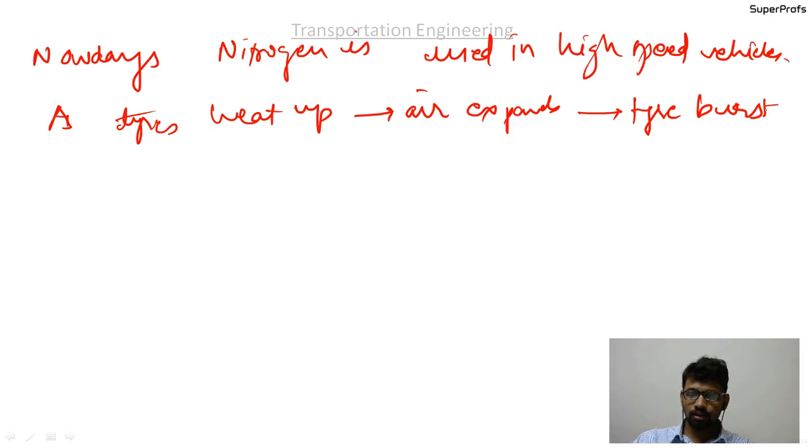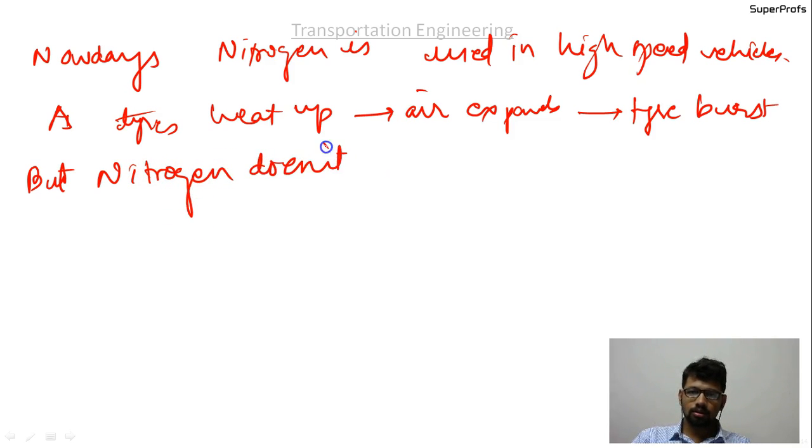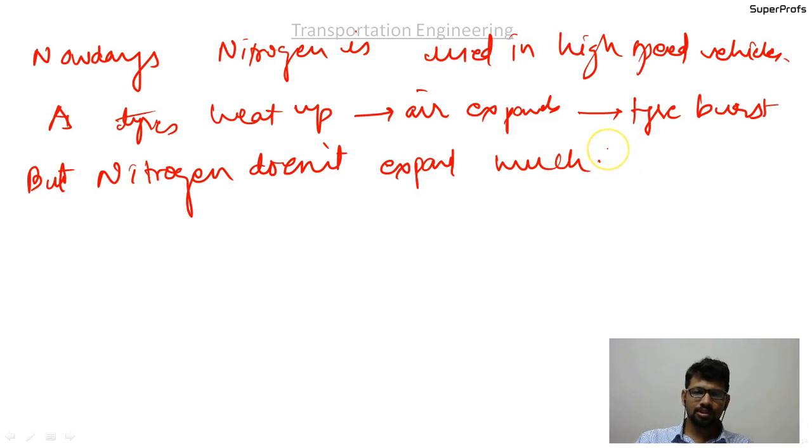But nitrogen doesn't expand much, comparatively. It is almost an ideal gas that doesn't expand much, and that is the reason there is less danger of the bursting of tires, okay. So that is the reason nowadays nitrogen is used in place of air in the tires, okay.